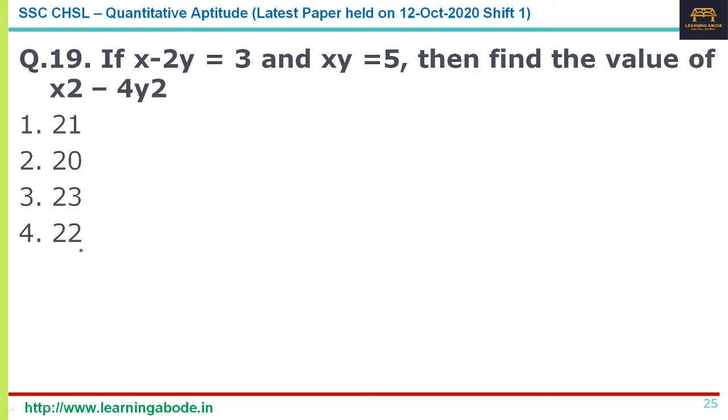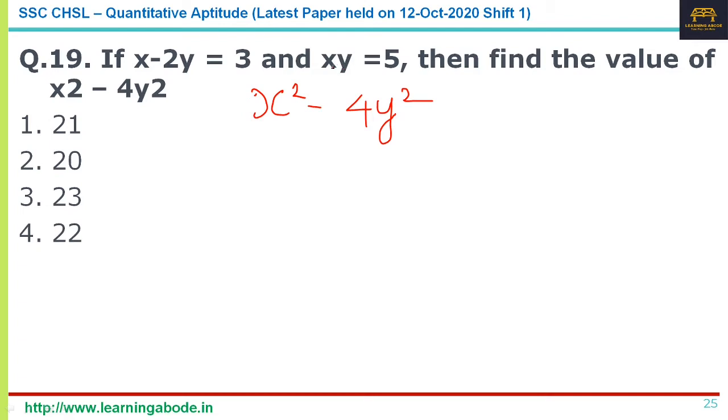Question number 19. x minus 2y equal to 3, xy equal to 5. Then find the value of x square minus 4y square. You have to find the value of this. Now I'm just making a guess here instead of going for any formula.